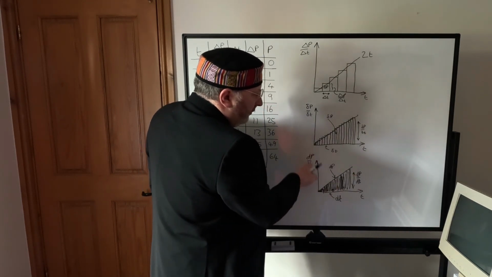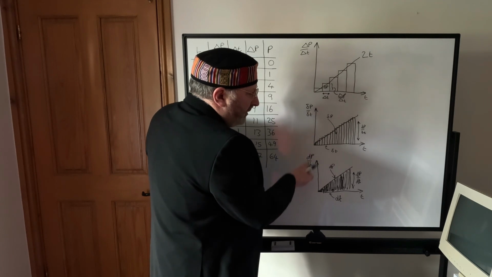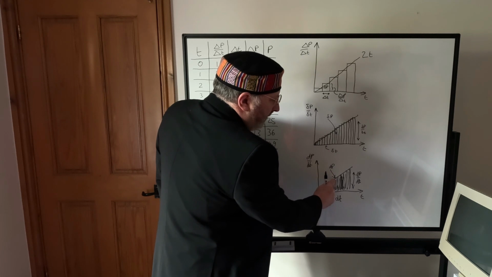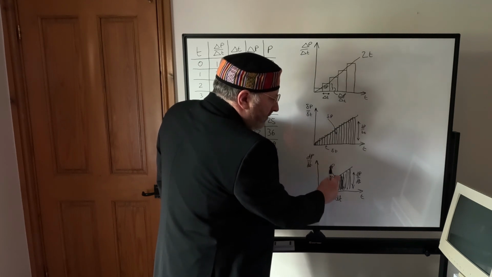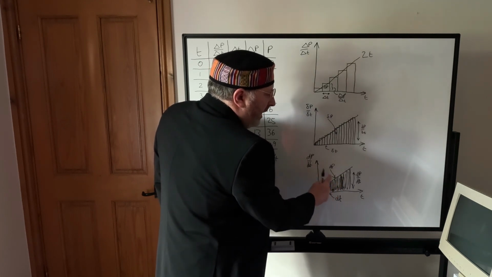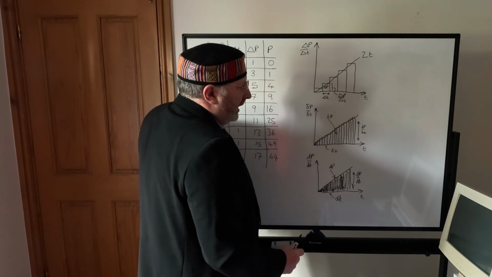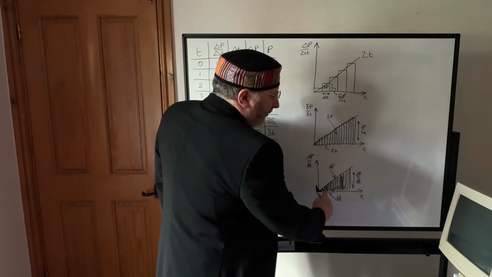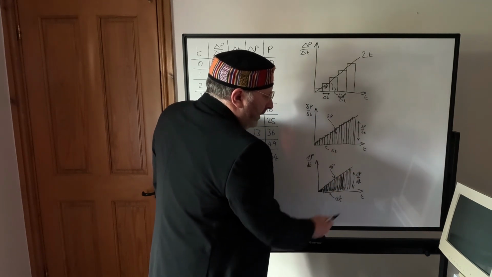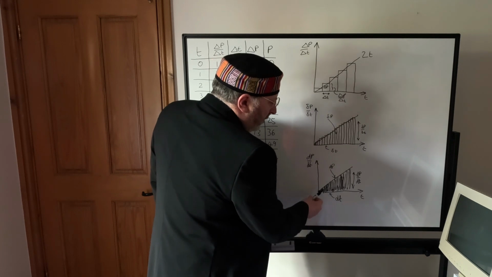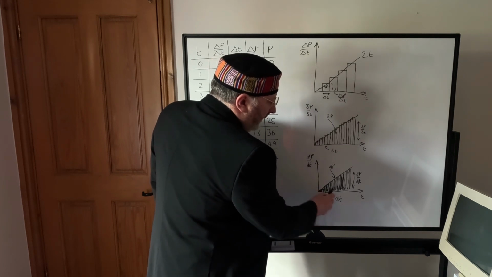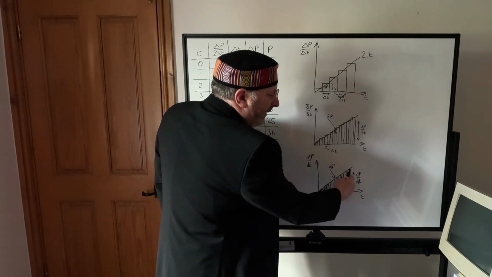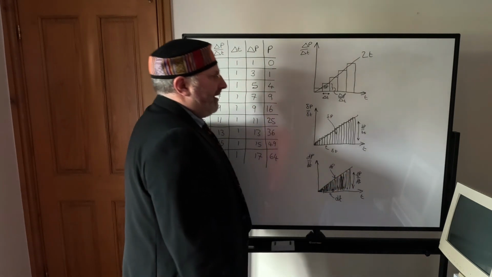The height now is using the exact formula for the derivative, dp by dt, and the area of each infinitely narrow bar is dp. But again, we're just adding up all these dp's to get the total population at a particular point. And because we now have them infinitely narrow, they're going to fit exactly under the line. So we're now exactly calculating the area under the line.